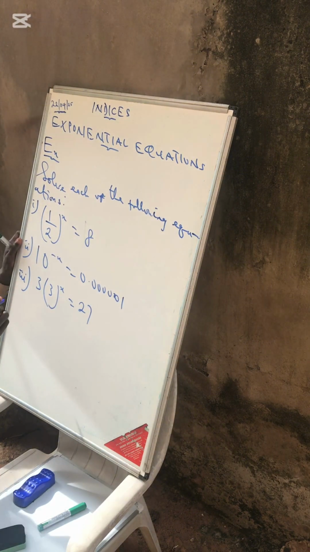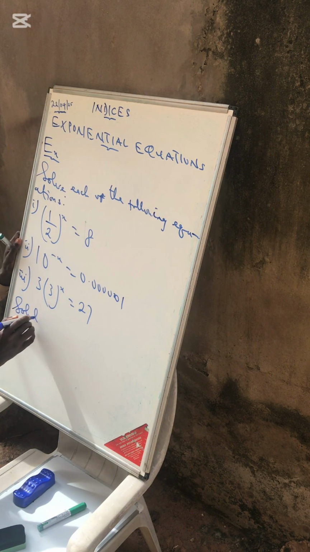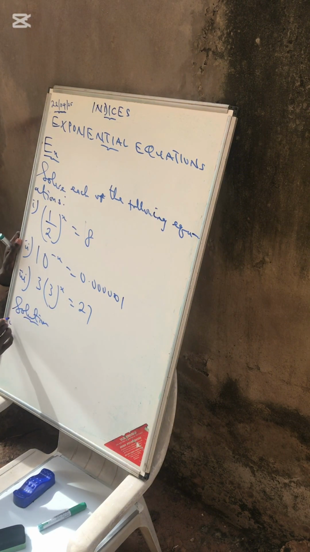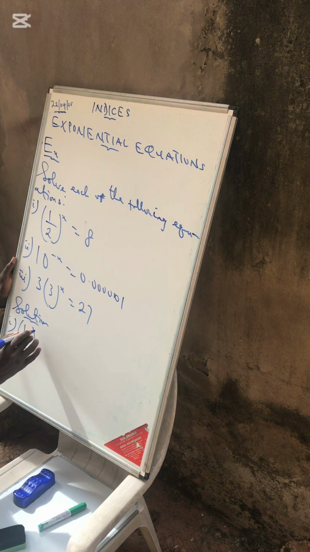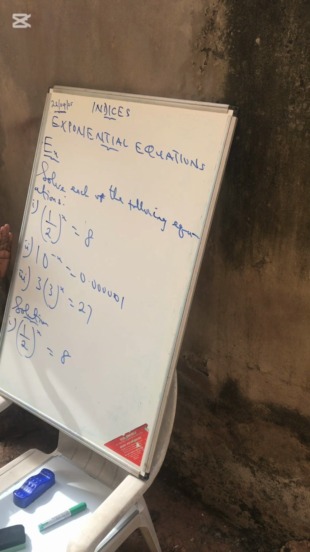Look at that. How do you solve that? Roman figure 1. What's the first one? Stop writing. 1 over 2, in brackets, raised to the power x equals 8. Can you see that? If you pay attention, you'll be able to do it yourself.